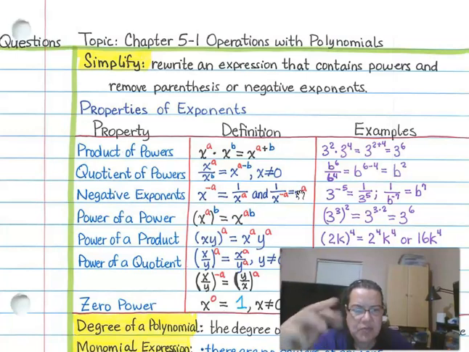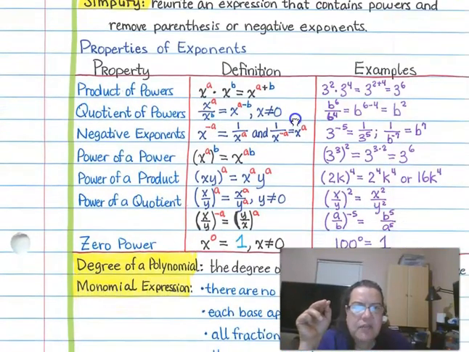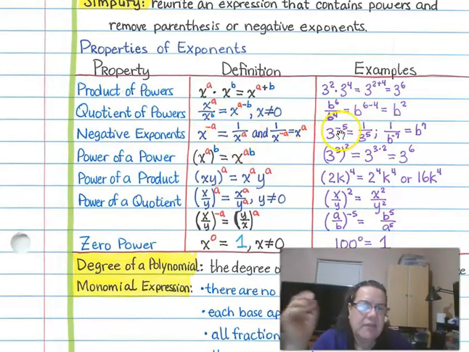So remember, anytime you switch, what changes is the negative sign, and then you either flip it to the top and remove the negative, or in this case, it's x to the negative a, bring it to the bottom, under the 1. So if I have 3 to the negative 5, what do you do? You bring it down and make it a positive 5, so 3 to the 5th power underneath the 1. If I have 1 over b to the negative 7, turn it positive, bring it up to the top, it's b to the 7.